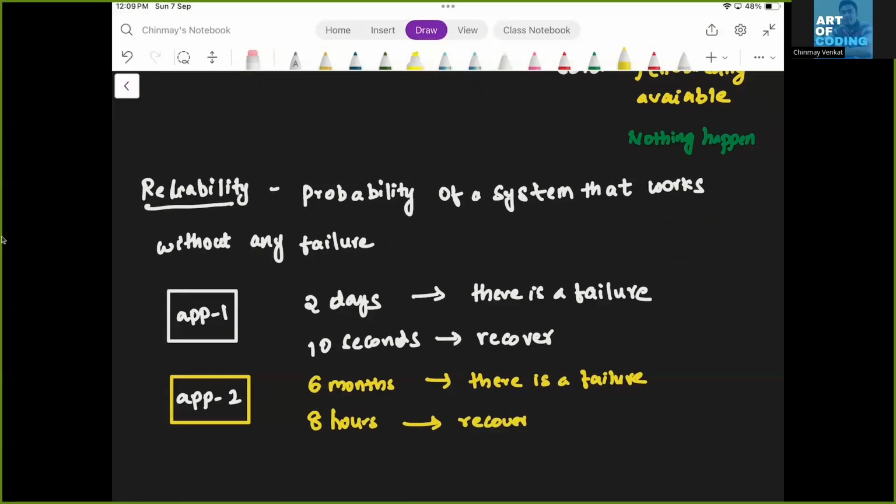These are the behaviors of the two applications, application one and application two.